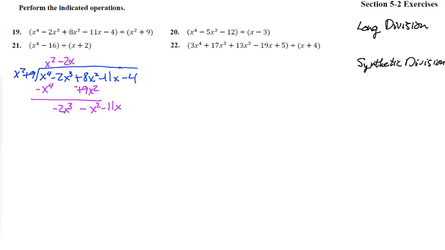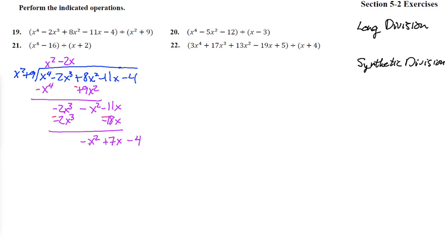So negative 2x times this is a negative 2x cubed. No x squared term, but then we have a minus 18x. And then, don't forget, subtract. And that's gone, so we get a minus x squared. Negative 11 minus a minus 18, that's negative 11 plus 18, that's positive 7x minus 4.